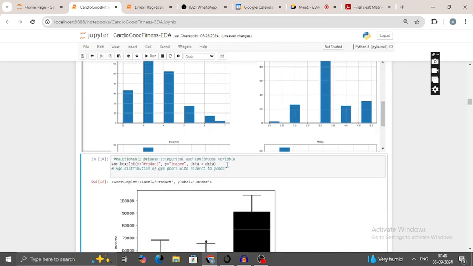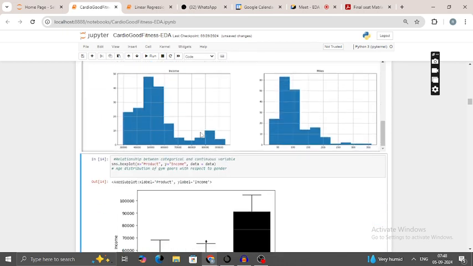Okay. And income, look at this, people who have a lot of money, they don't have time to do exercise, they don't have time to do cardio. And obviously they are not doing any exercise.